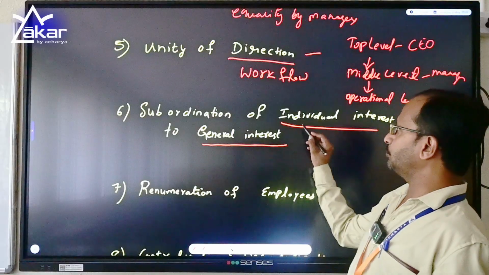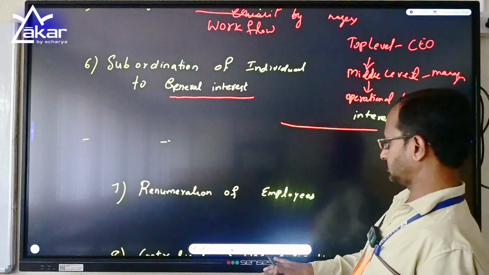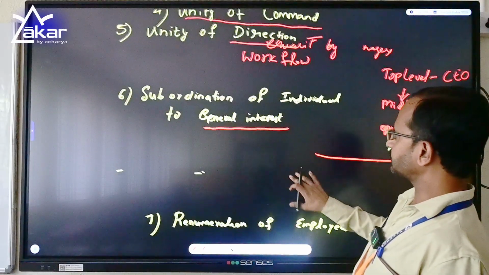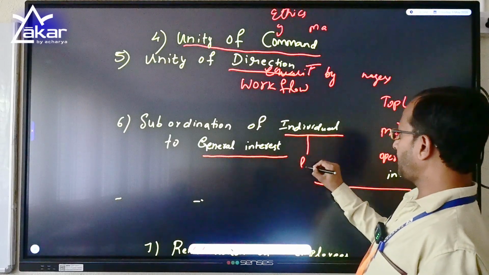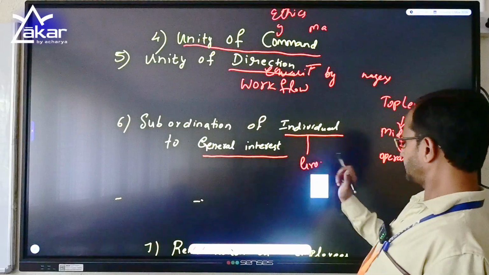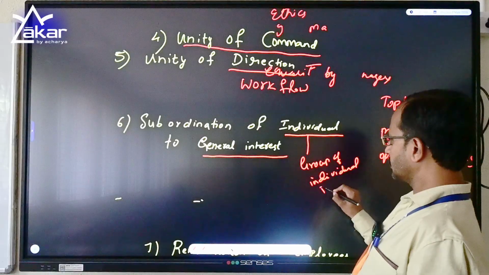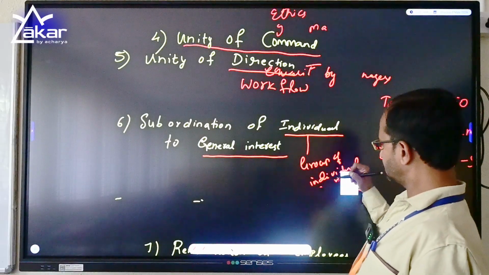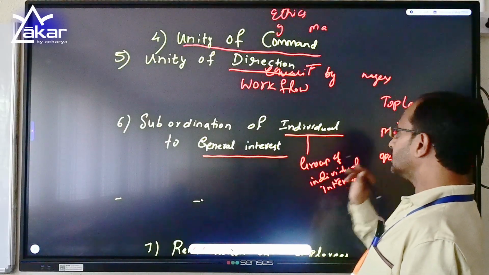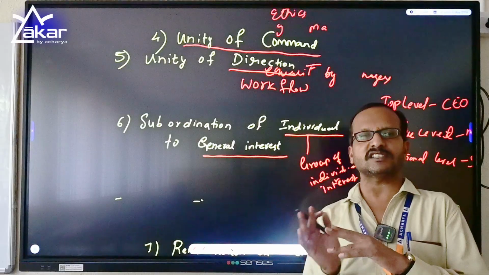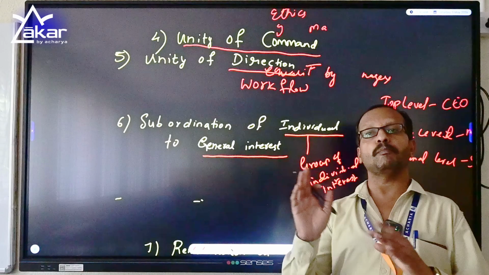So each individual's interest, a group of individuals' interest, should be converted to general interest. General interest is nothing but common interest. So each individual should concentrate on the common interest, which is management interest.